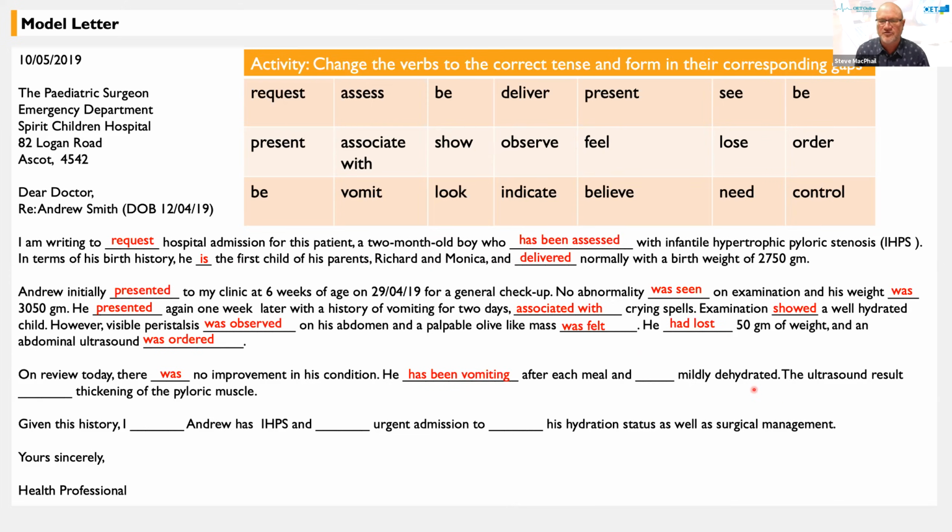And we got the word look, everyone. Mildly dehydrated. I want to use present tense here. Present tense, looks, because it's still current.